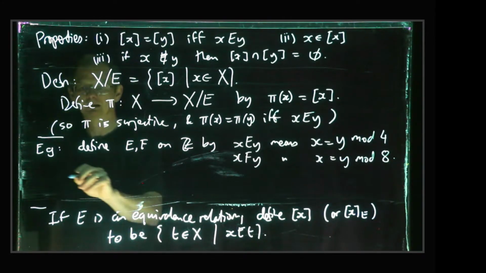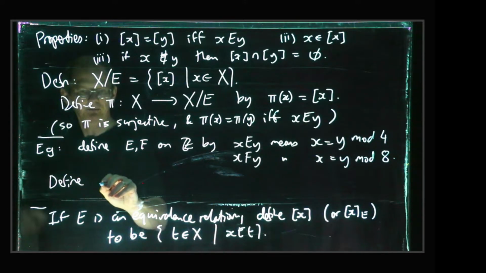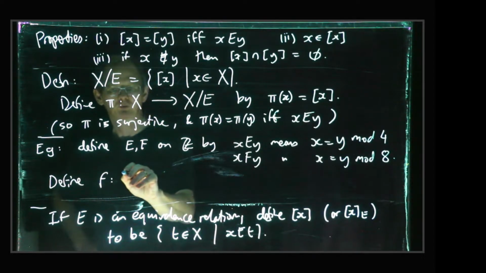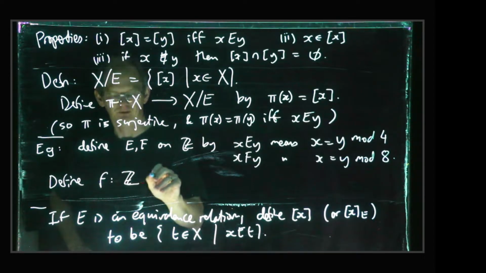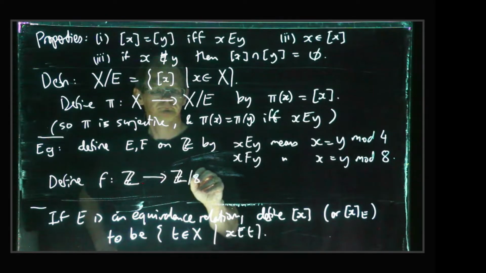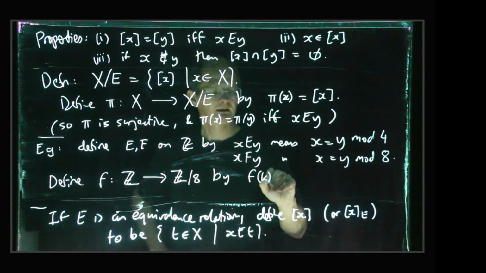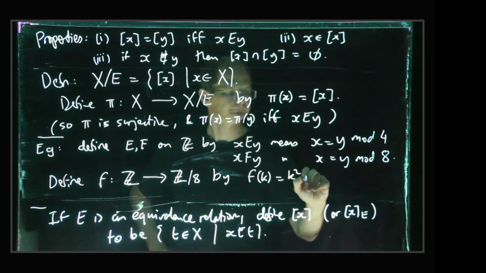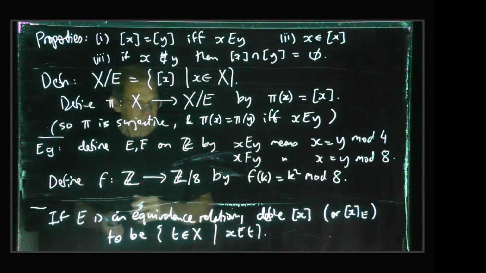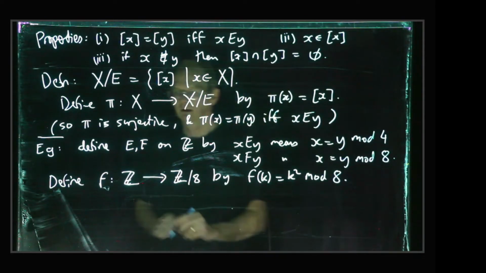Okay, and I'm going to define a map f from, well, let's say from Z initially to Z mod 8, by f of k is going to be k squared mod 8.